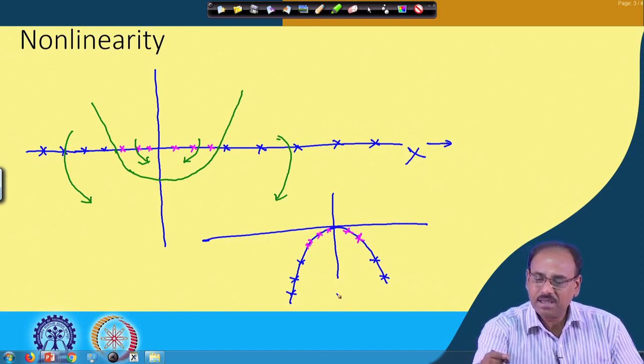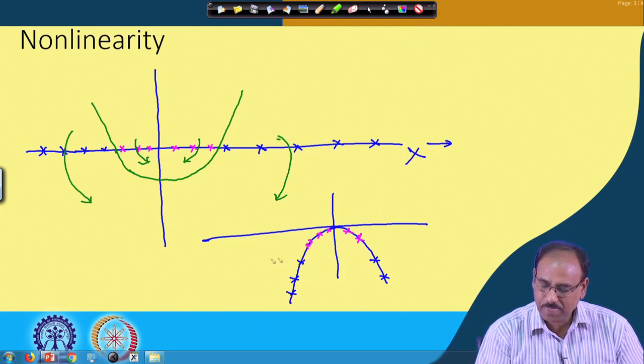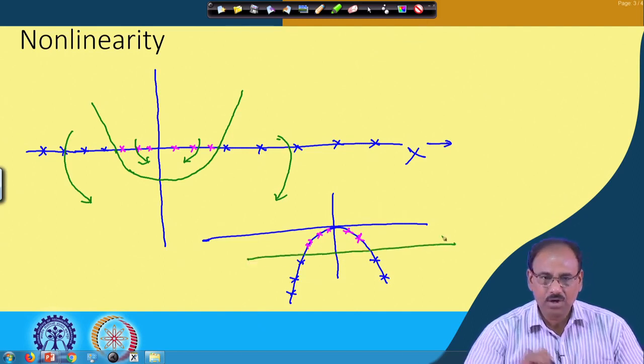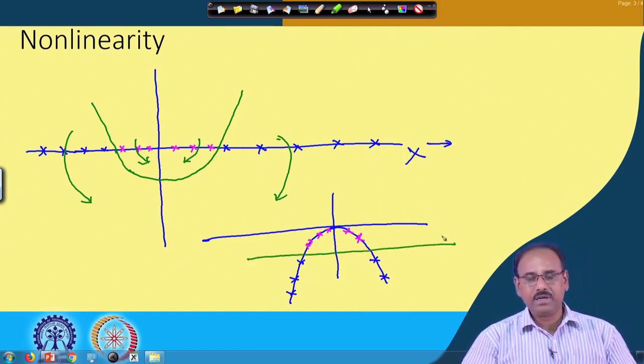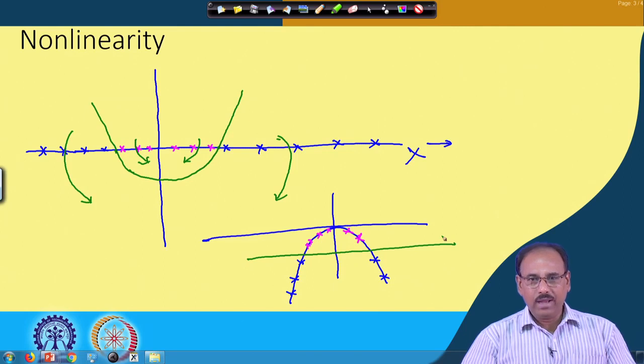Once I have this, I can pass a straight line over here which separates the pink feature vectors from the blue feature vectors. So, this is one way we can tackle the problem of nonlinearity, that is, if the feature vectors are mixed.